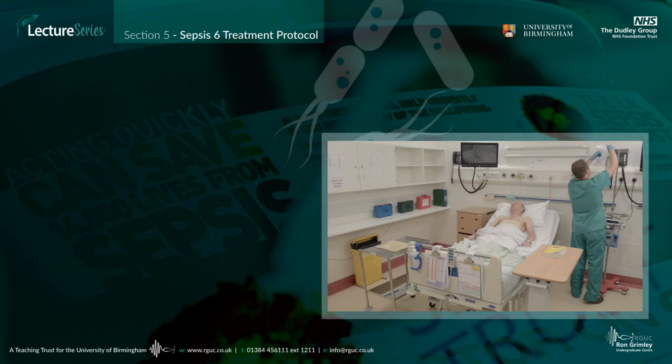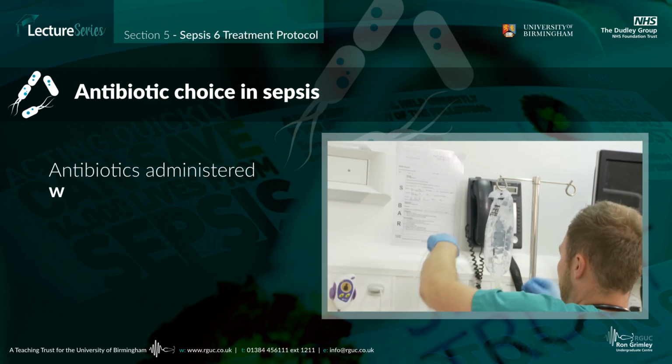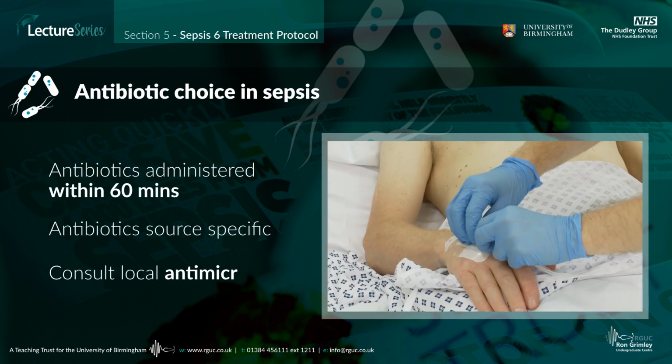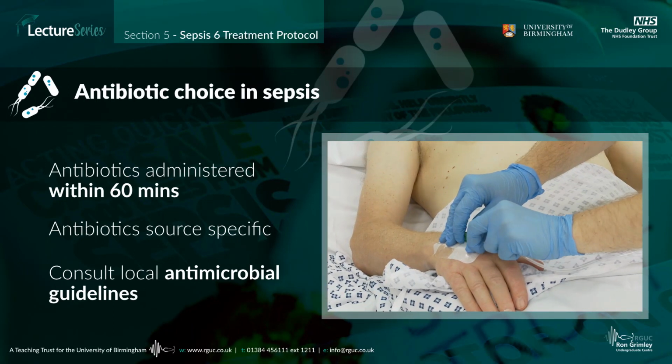Importantly, antibiotics must be administered as soon as possible when sepsis is suspected. The choice of antibiotic will depend on the source of the infection and the local antimicrobial policies. There are special protocols for sepsis of unknown origin and for neutropenic sepsis.